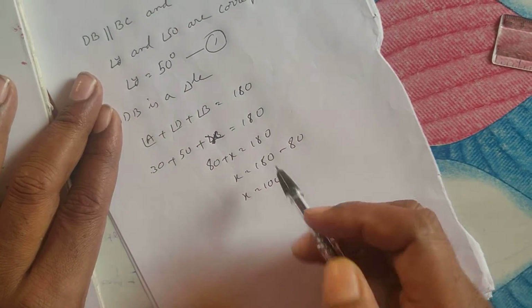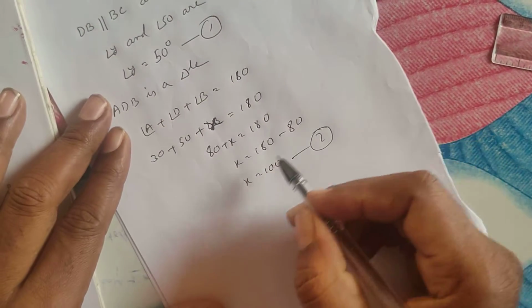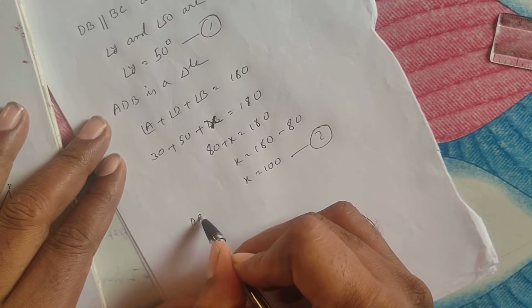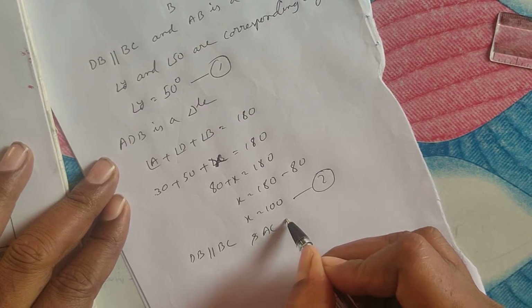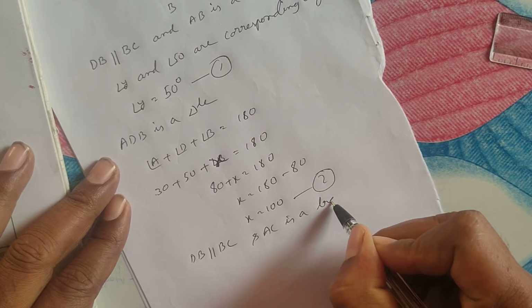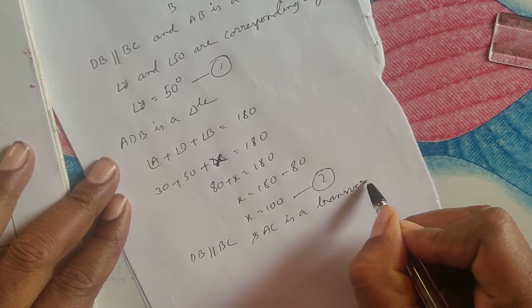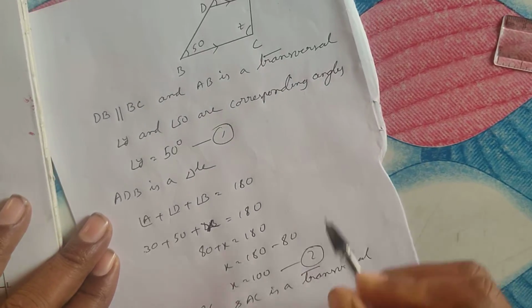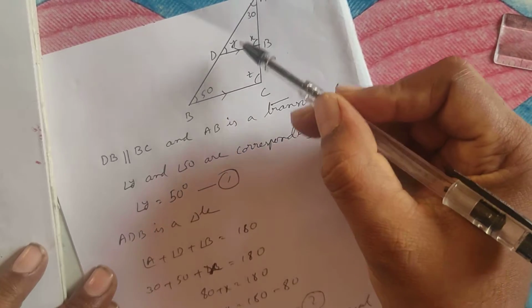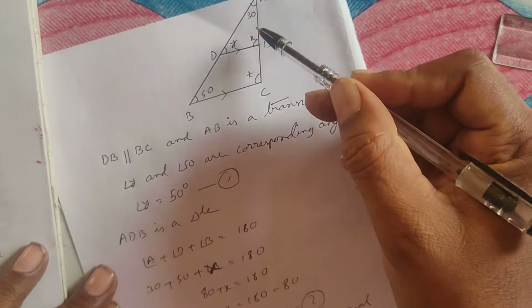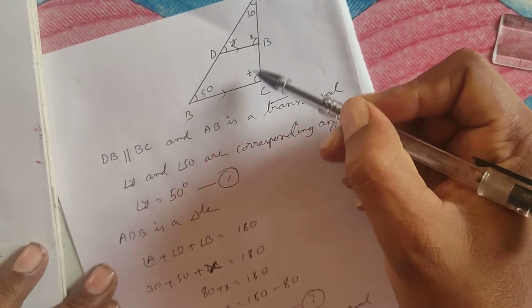Okay. Now it is equation number 2. Now again what you have to write is DB is parallel to BC. These two are parallel lines. And AC is a transversal. Then see the figure here. These two are parallel, and this is a transversal. One is outside, one is inside. So these two are called corresponding angles, right?